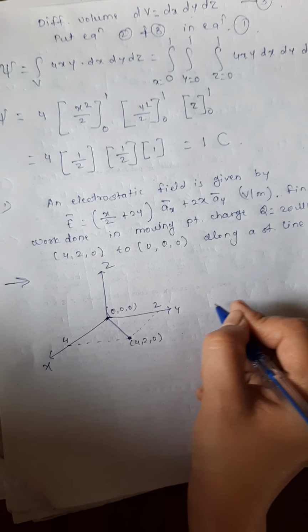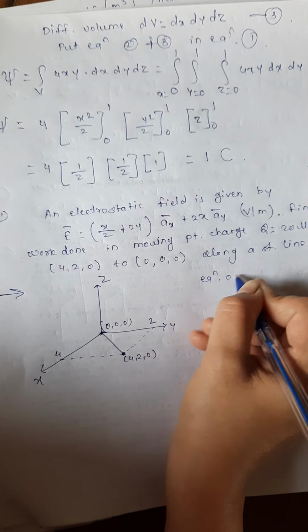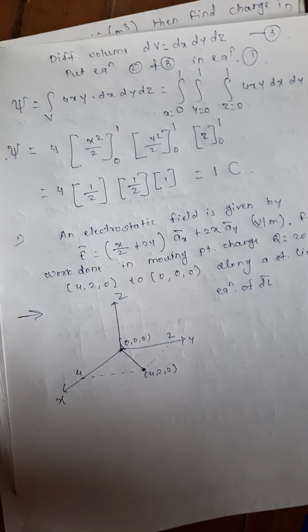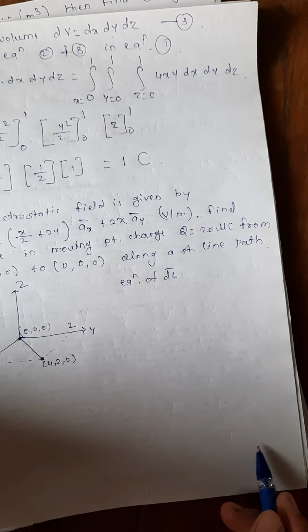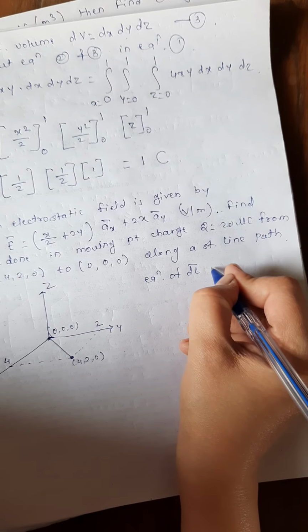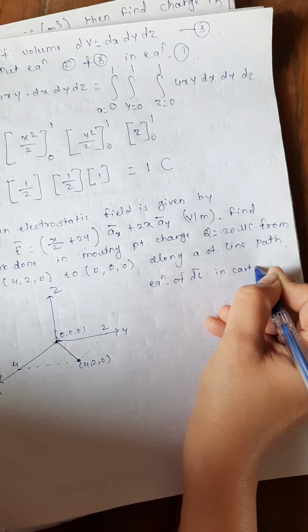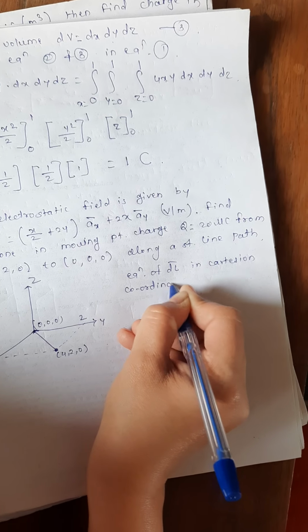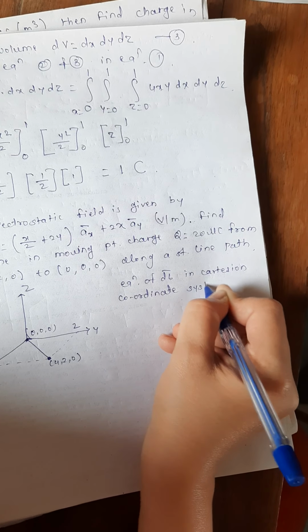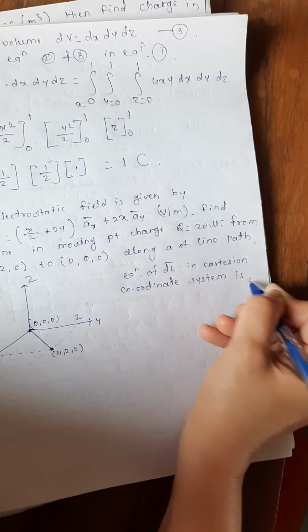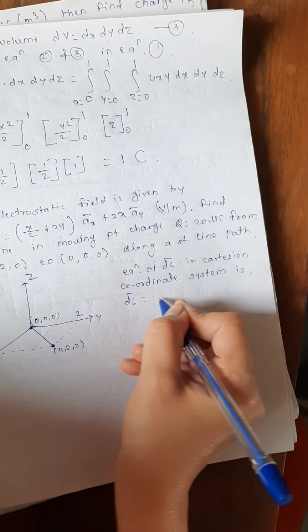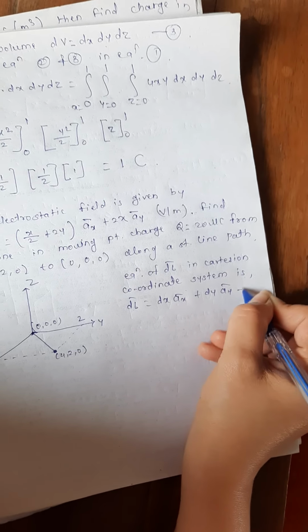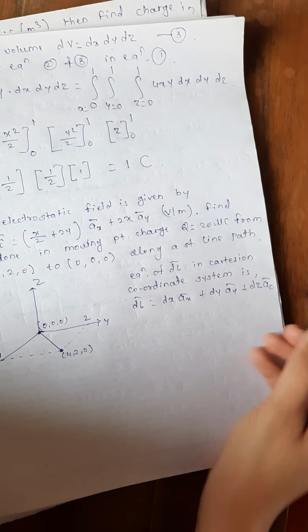Now the equation of dl bar in Cartesian coordinate system is given by dl bar is equal to dx ax bar plus dy ay bar plus dz az bar.